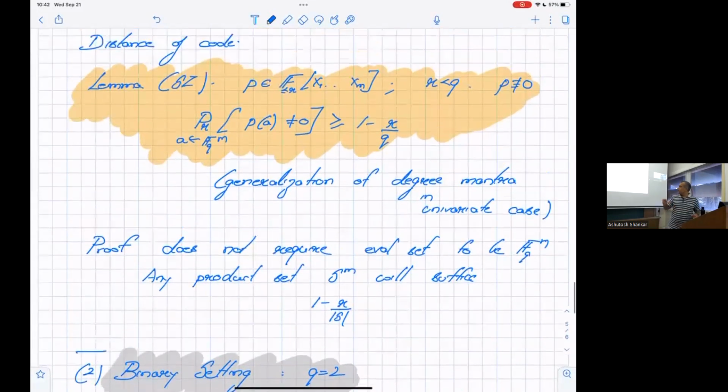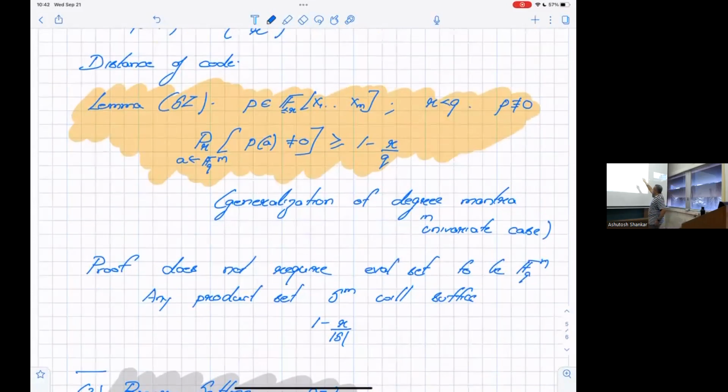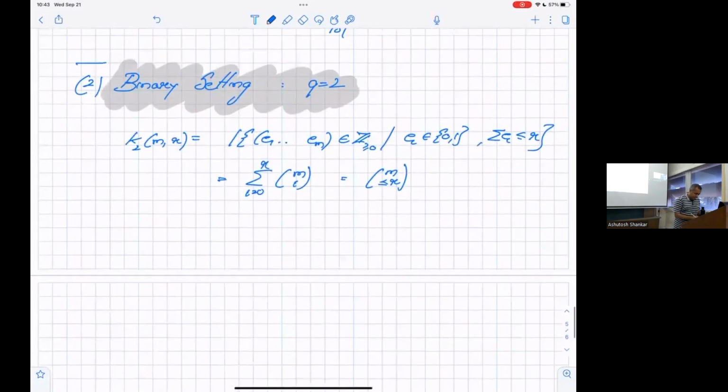By the way, one thing which I did mention, this is right, you cannot improve it. I can come up with a polynomial that exactly agrees, in fact a univariate polynomial with this. Now I want a corresponding lemma over here.